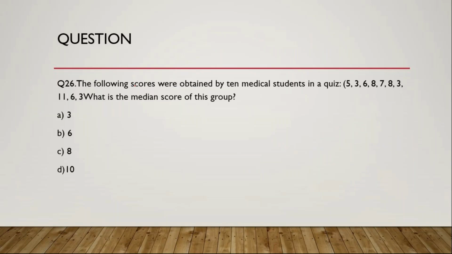The question is: the following scores were obtained by 10 medical students in a quiz: 5, 3, 6, 8, 7, 8, 3, 11, 6, 3. What is the median score of this group? Option A 3, option B 6, option C 8, and option D 10.